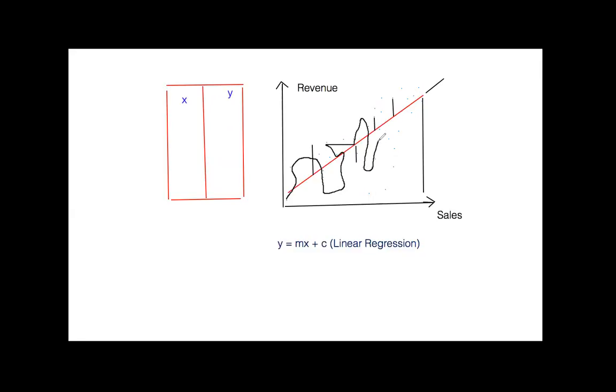If it tries to reach all the points, it will be polynomial, and we cannot define this in an equation. So this is impossible. That's why we make it simple and we draw a straight line that passes through a maximum number of points, and we calculate the error.